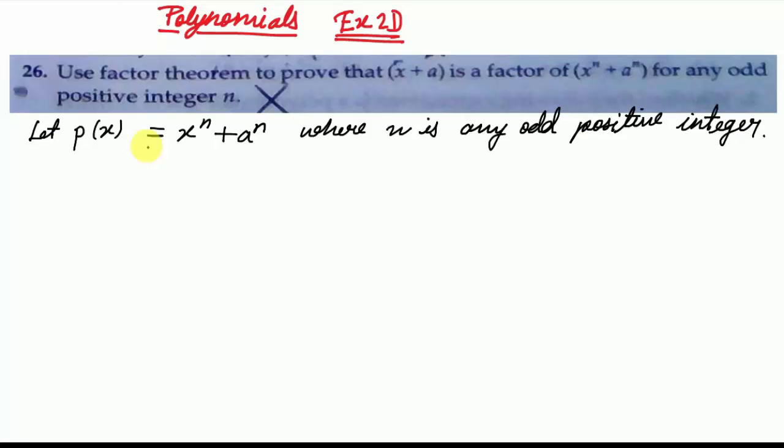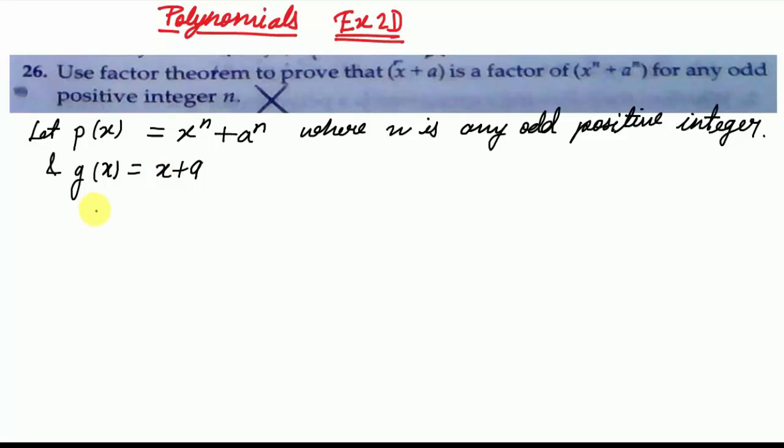Let p(x) equal x raised to the power n plus a raised to the power n, where n is any odd positive integer. And also let g(x) equal x plus a, which should be a factor of this.